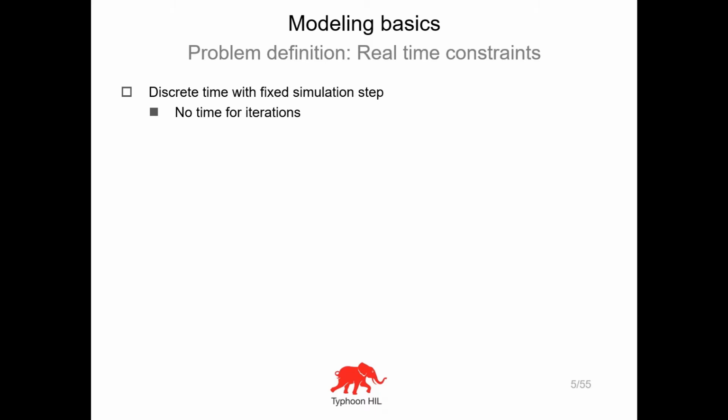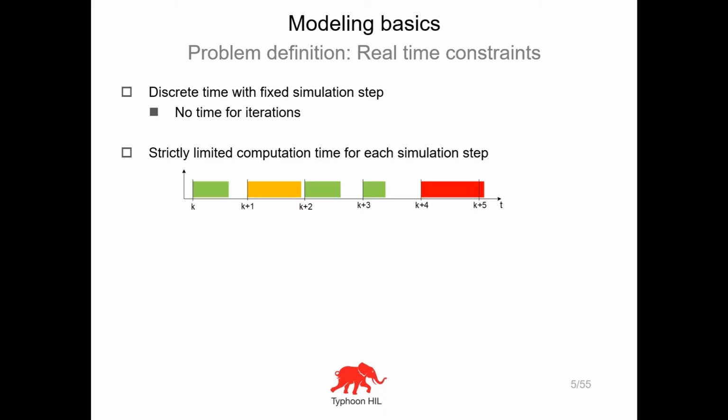We don't have the luxury to dynamically adjust the simulation time step and save some processing time this way. And since we have to run short simulation time steps, we have no time to use iterative solvers because we only have one try to find the right solution for the next step.